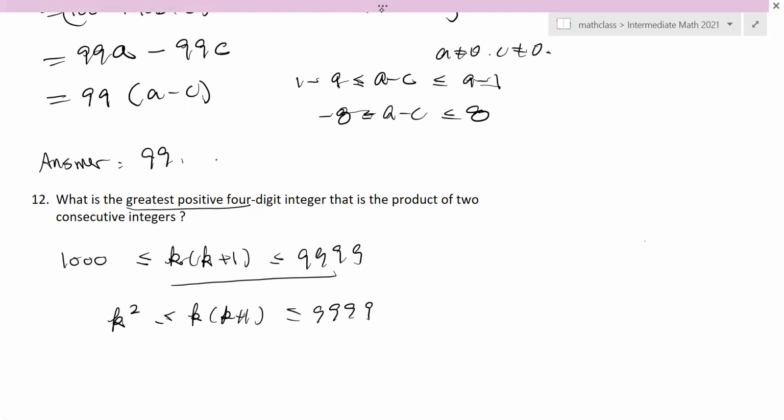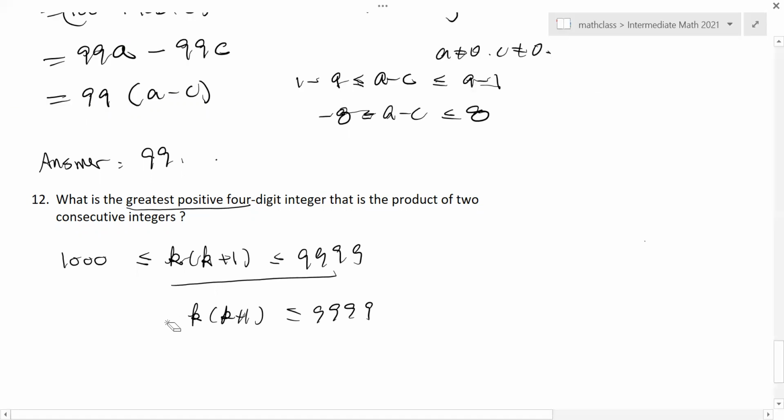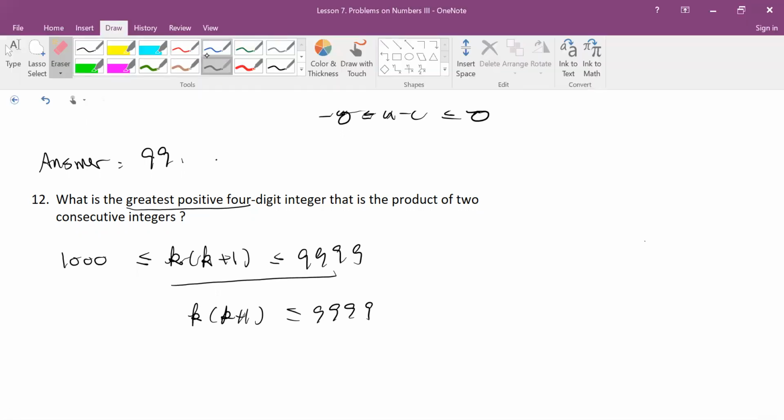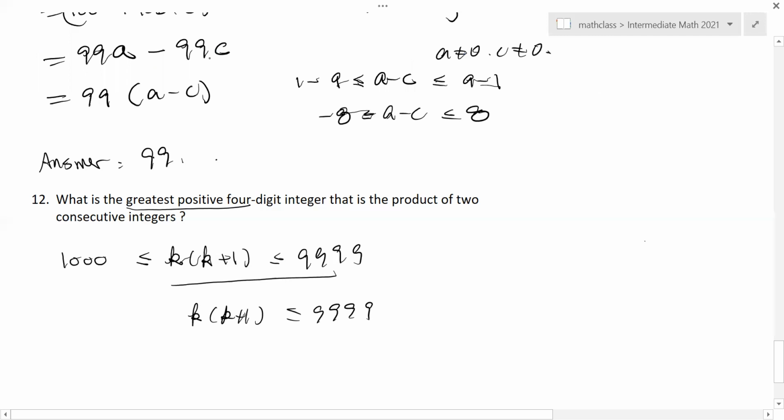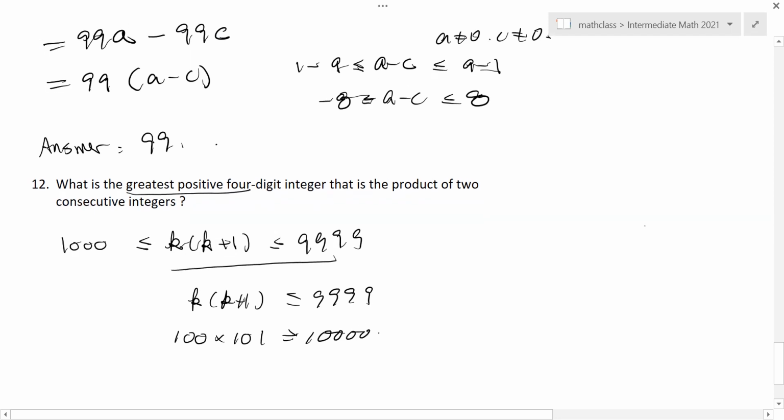Can try now, right? So if you don't use that, then you will see, right? You get 100 times 101, which is clearly greater than 10,000, already larger than 9,999.